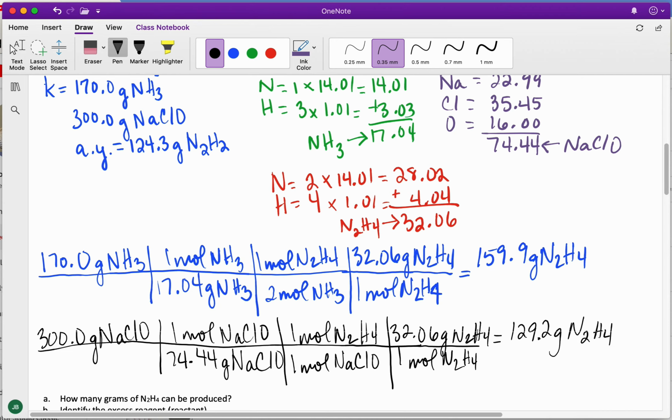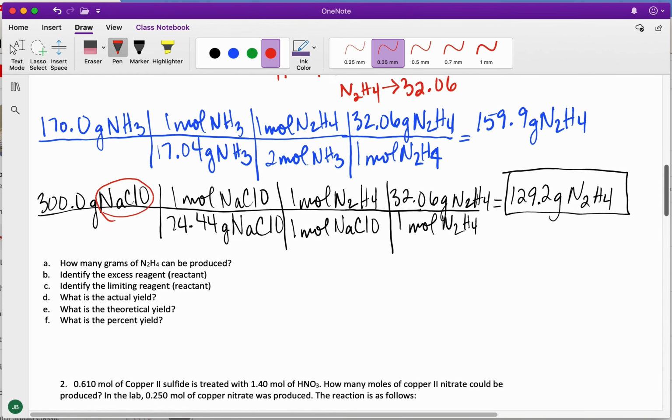N2H4. Okay, so when we compare our numbers here, we see that this is our smaller number. So that is the theoretical yield of N2H4. And then our limiting reactant is going to be the sodium hypochlorite.